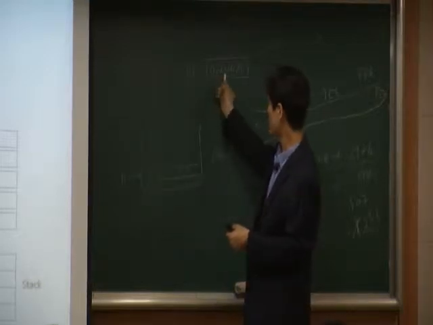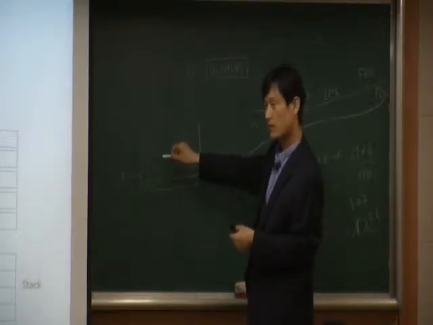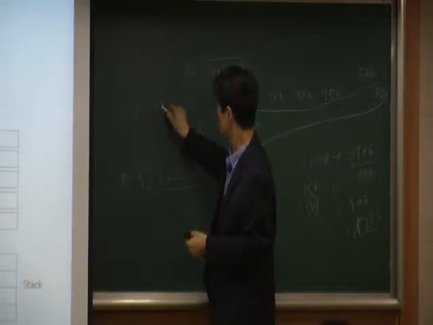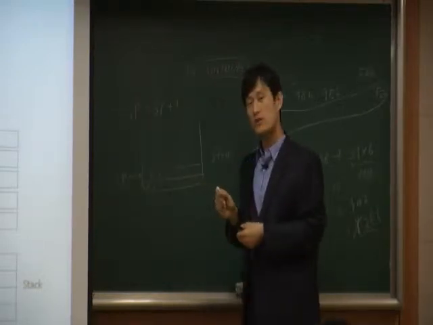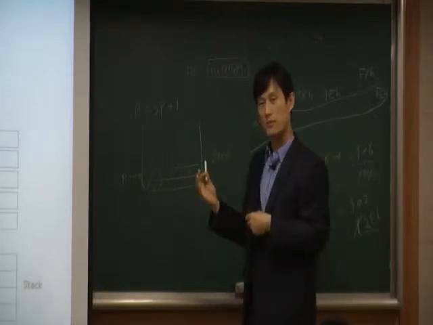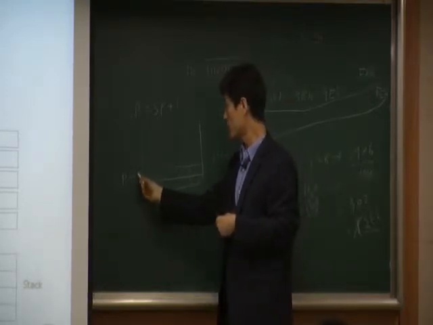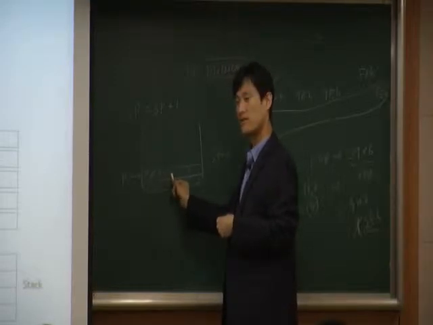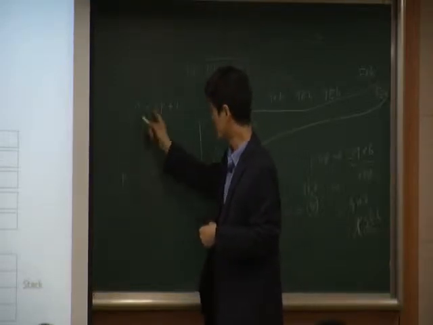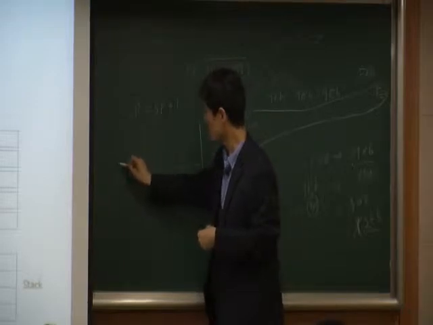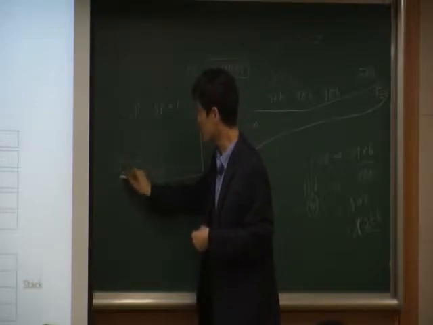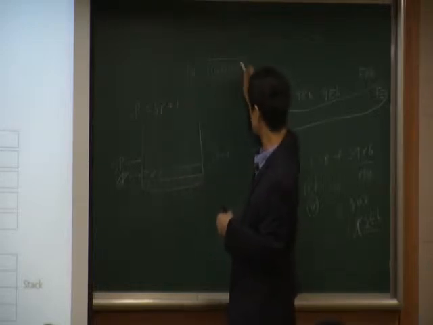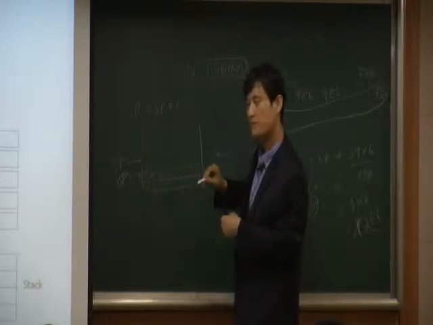In order to copy this value here, first of all, you increment the stack pointer, because right now the stack pointer is pointing at the last value. So now my new stack pointer is right here. It's incremented.